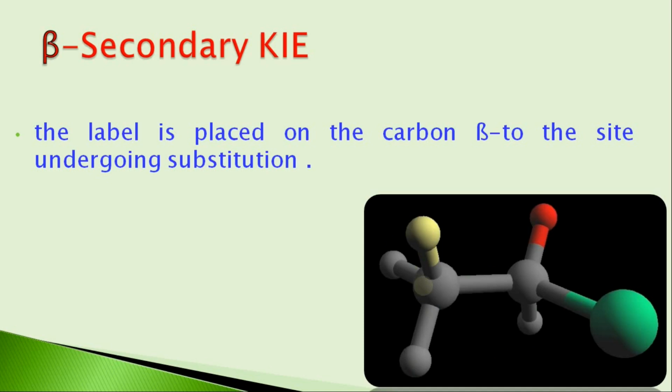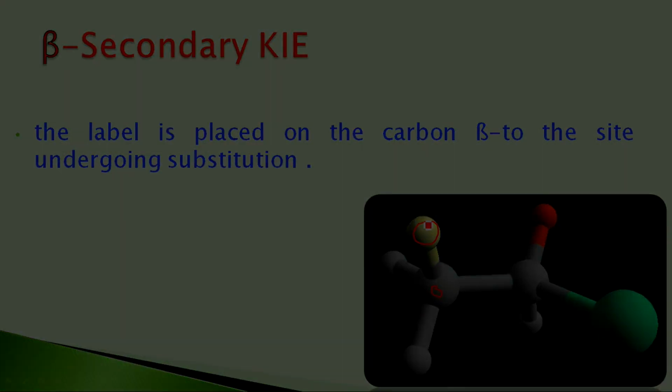If KIE is studied by placing a heavier isotope at this beta carbon, then the effect is known as beta secondary.